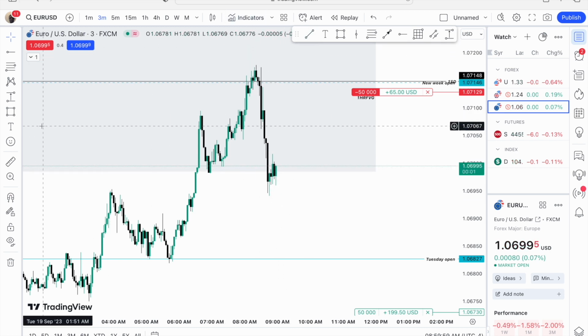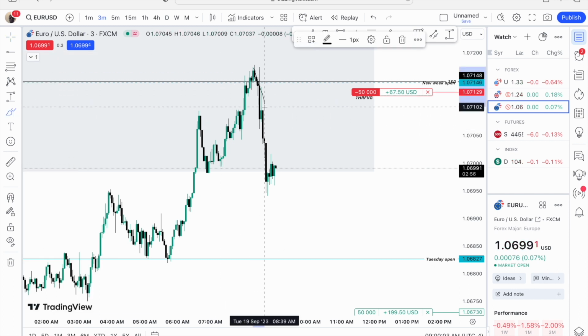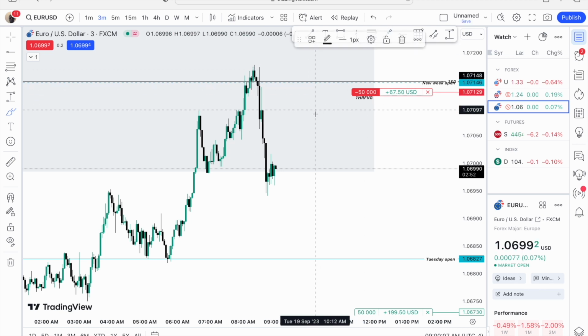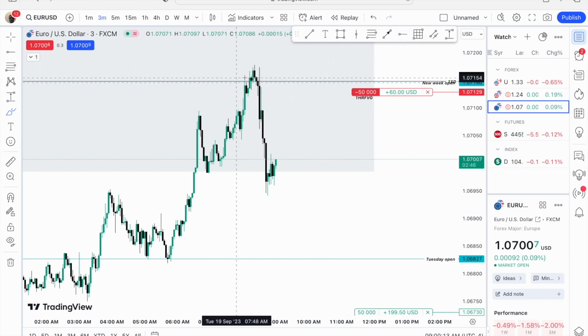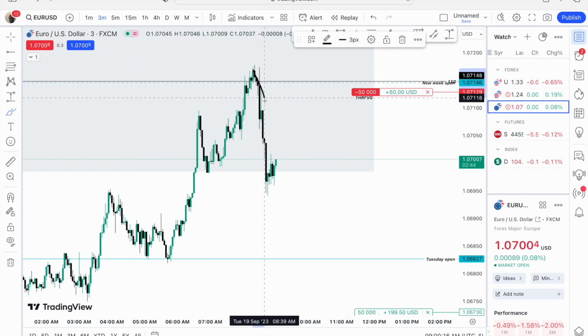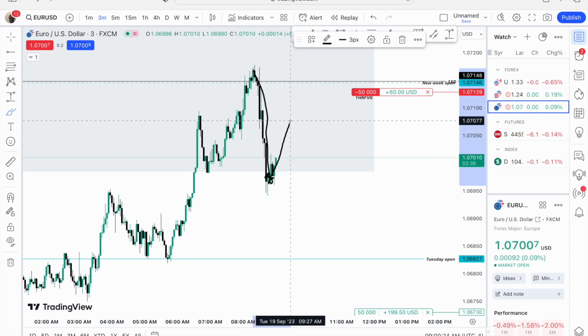Price would, I'm gonna get the brush. Brush was here, so it will come down, bigger, right? So what I've seen happen a lot, price would make the move come down, start to gather here, then come up, right?